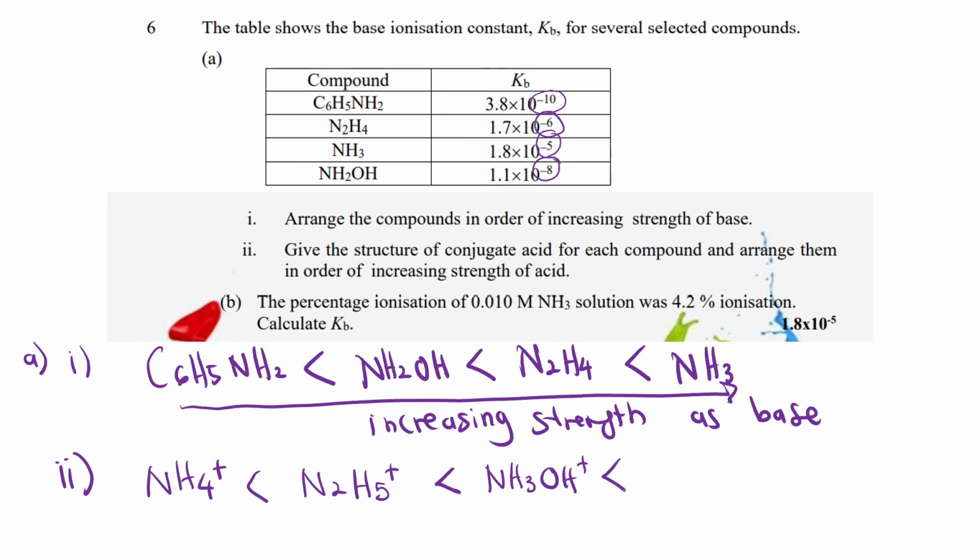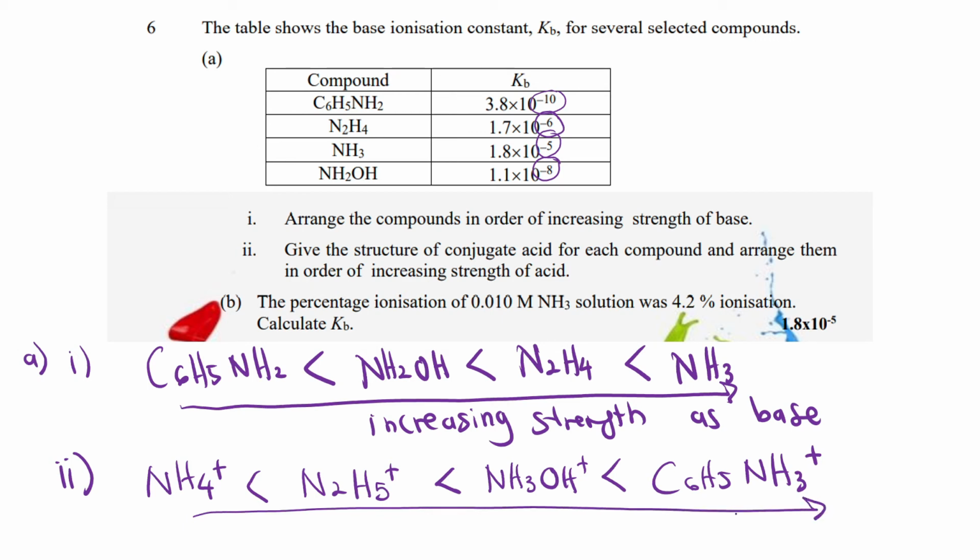And then untuk aniline, kita tambah dekat NH2, C6H5NH2 akan jadi C6H5NH3+. Jadi yang ni dia terbalik. Okay, ni increasing strength as conjugate acid. Alright, so that's all untuk question number 6.